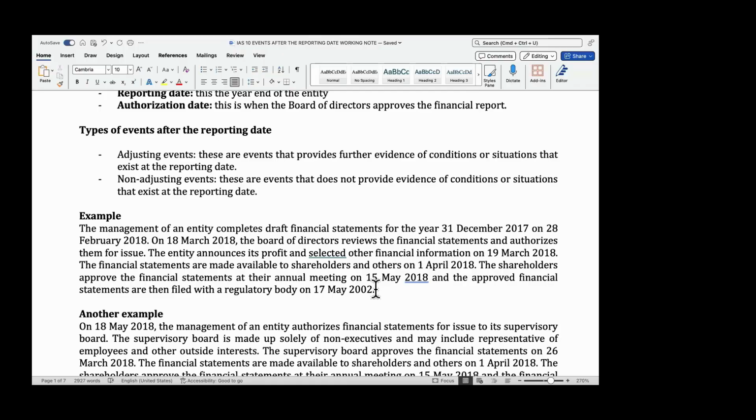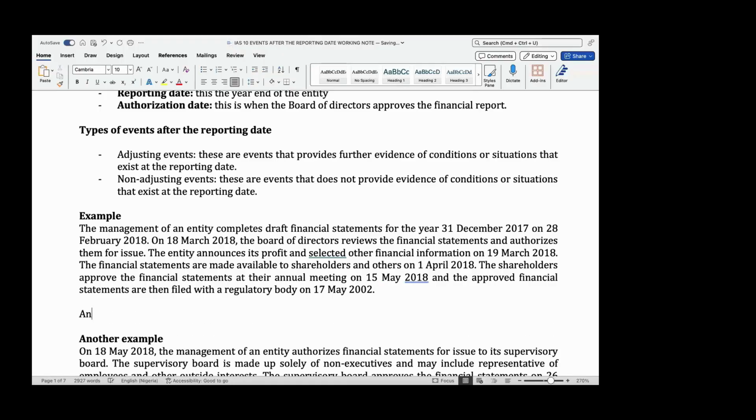The financial statements are made available to shareholders and others on April 1st, 2018. The shareholders approved the financial statements at their annual meeting on 15th of May 2018. And the approved financial statements are then filed with a regulatory body on 17th of May 2022.